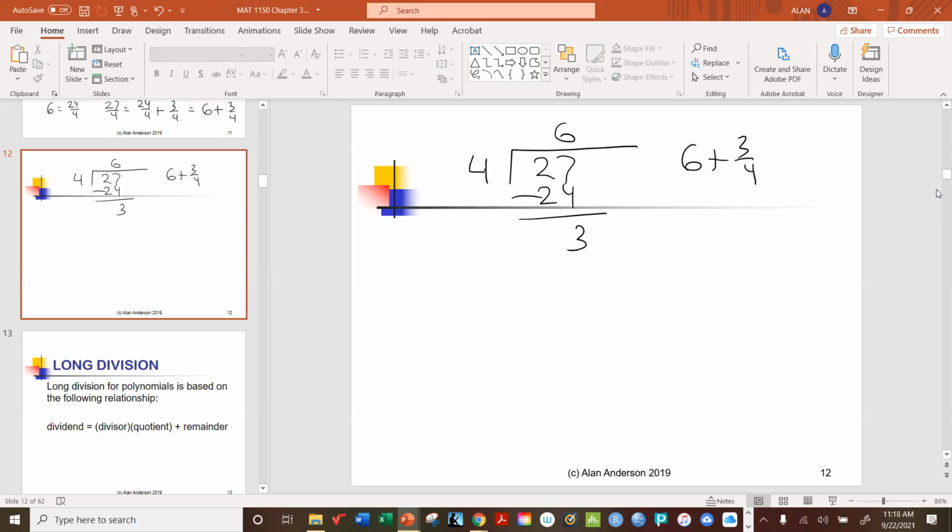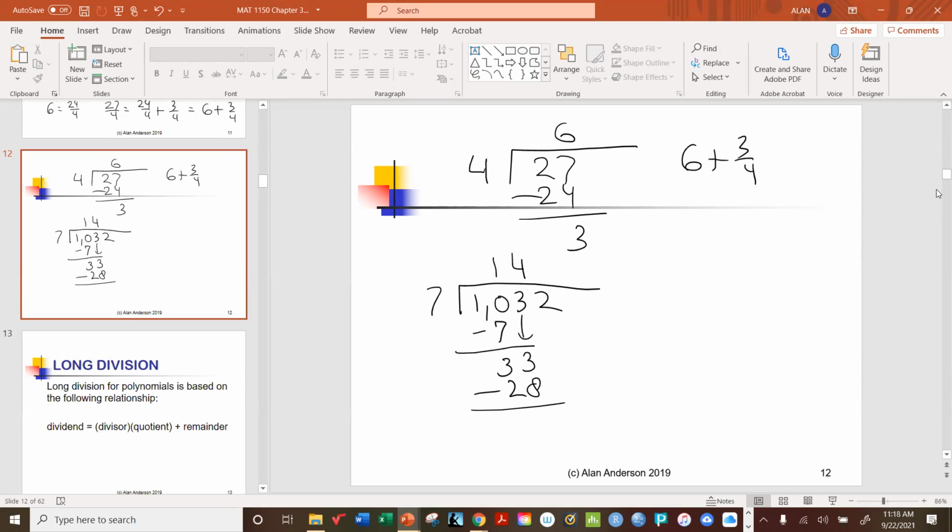Or how about this one? How about dividing 7 into 1032? You'd put a 1 here, subtract 7, drop down the 3. Now 7 goes into 33 4 times. And you're left with 5, bring down the 2, and then you'll have a 7, and you have 3.